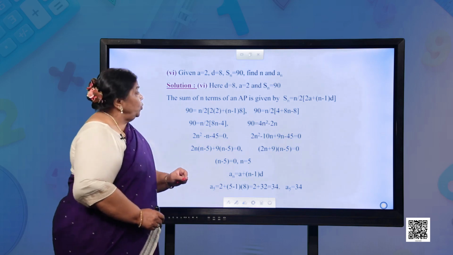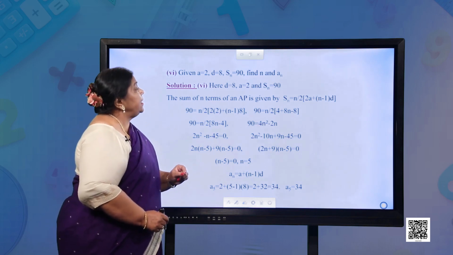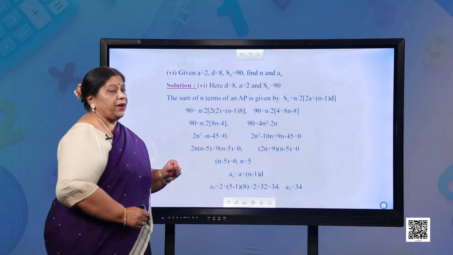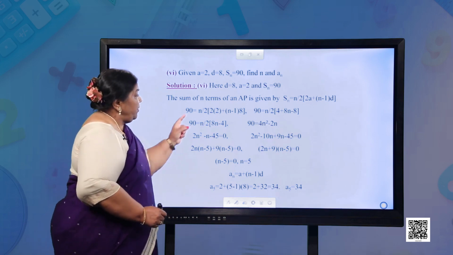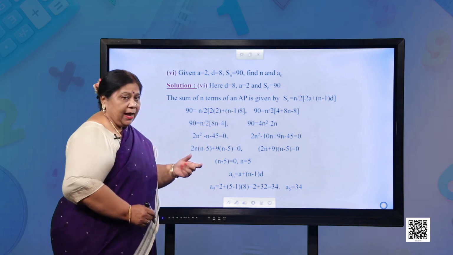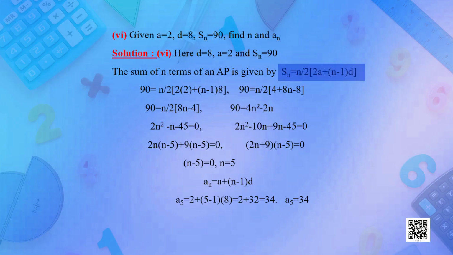A is given as 2 and D is 8, Sn is 90. We are supposed to find n and An. So, sum of n terms of an AP is given by the formula Sn is equal to n upon 2 into 2A plus n minus 1 into D. Here on substituting, 90 is equal to n upon 2 into 2 into 2 plus n minus 1 into 8.